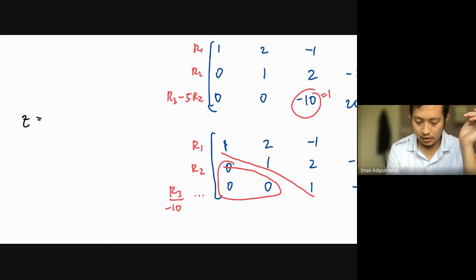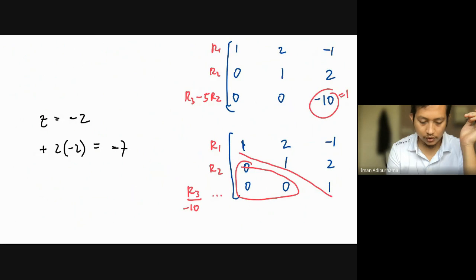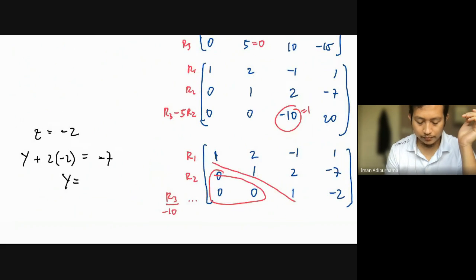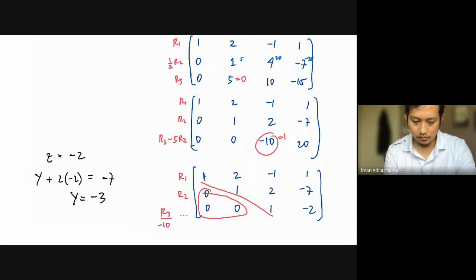So that z is negative 2. 1 plus 2, negative 2 is negative 7. This one is y, sorry. Y. Okay, so y is 3, right? Oh, sorry. 4. This is 4, sorry.